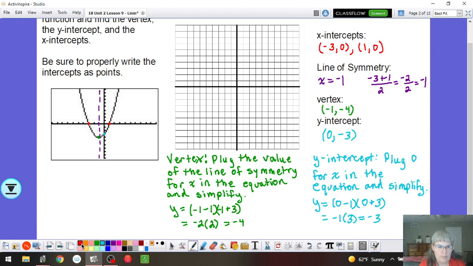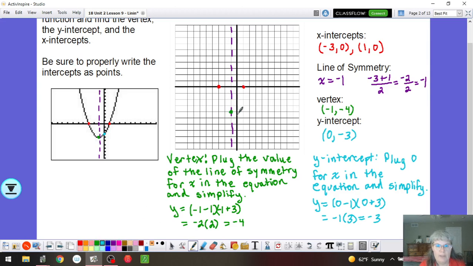So let's go ahead and graph this again using this information. We have x-intercepts at -3 and at 1. We have a line of symmetry that passes through x equal to -1. Our vertex is on that line of symmetry at -4.